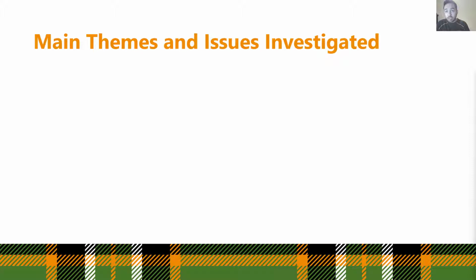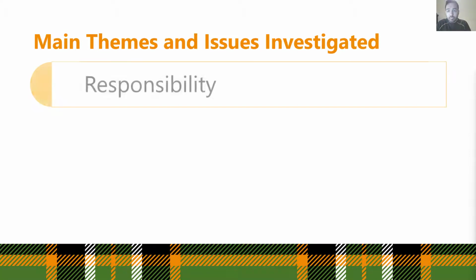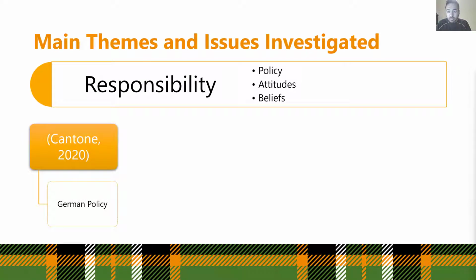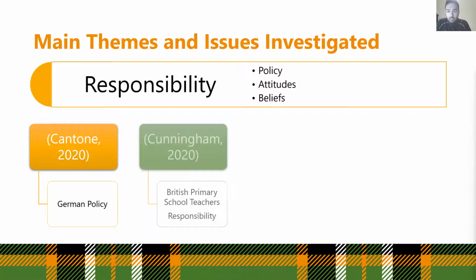Now, the main themes and issues investigated in different papers are more or less about responsibility and policy, attitudes, and beliefs. For example, Canton did research on the German policy around language maintenance. Cunningham, in 2020, used the discourse between British primary school teachers and investigated where the responsibility lies.